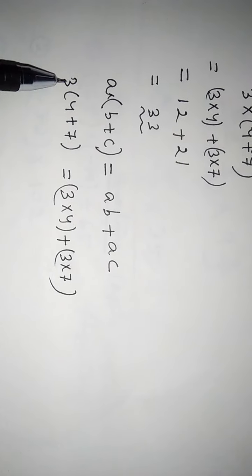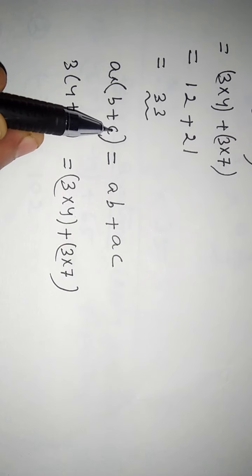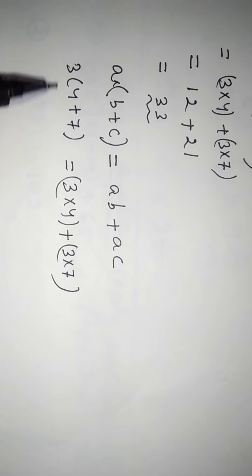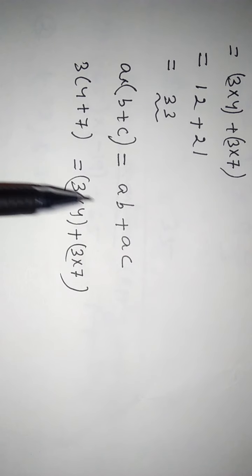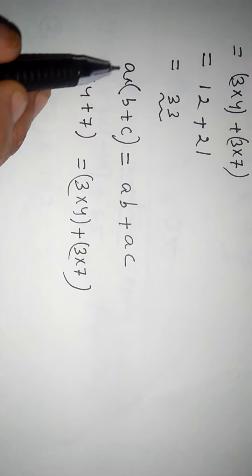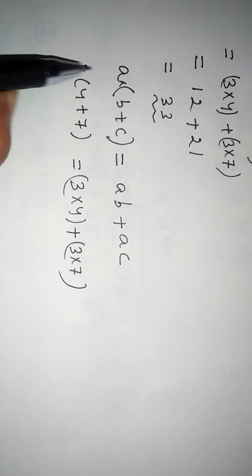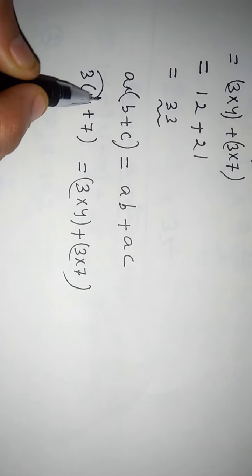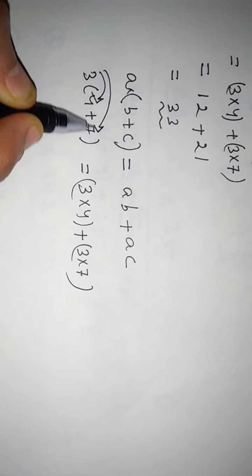Here I am taking A as 3, B as 4, C as 7. So A into B means 3 into 4, and A into C will be 3 into 7. So this into this, again plus this into this.